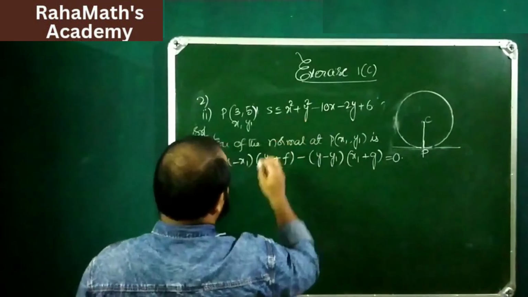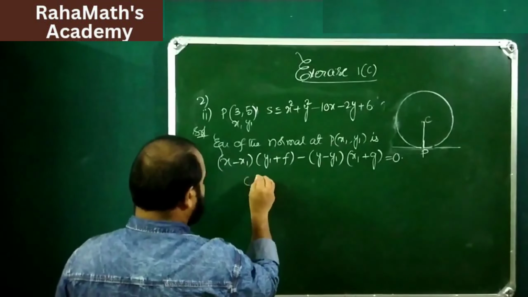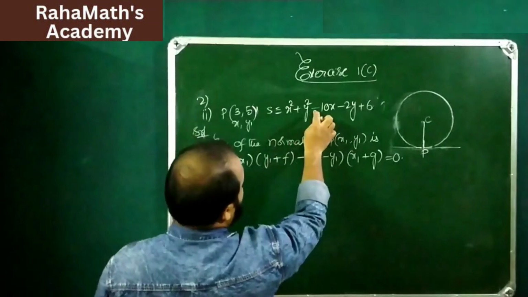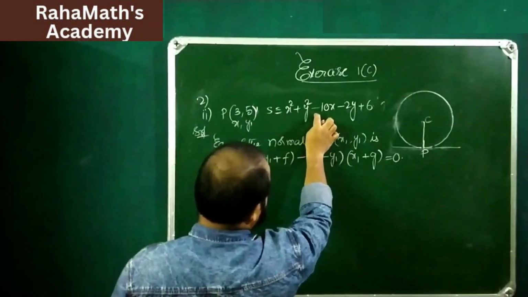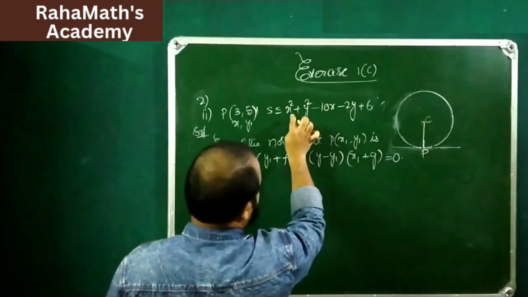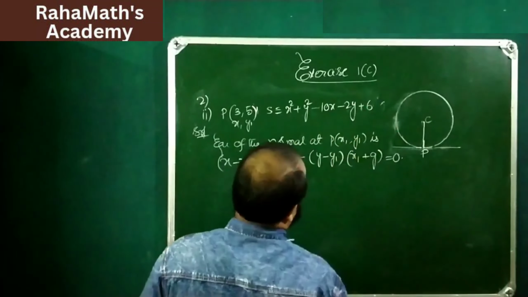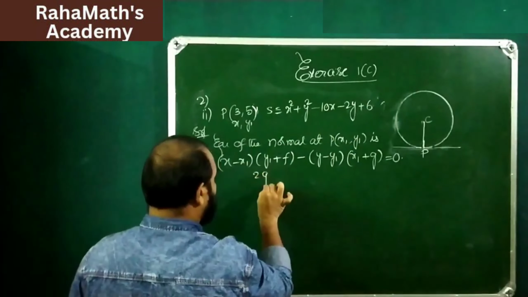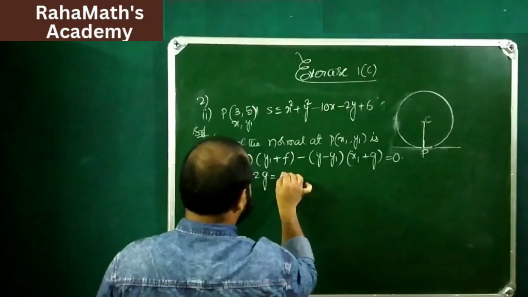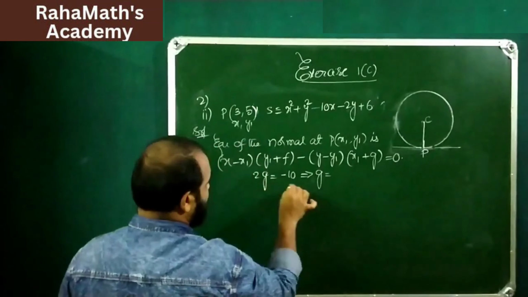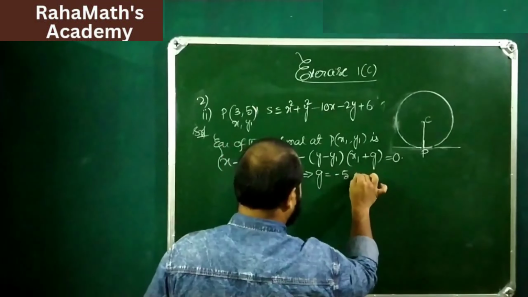So for this circle, what is minus g, minus f? Here, if we compare this with the general equation of the circle x square plus y square plus 2gx plus 2fy plus c equals 0, 2g equals minus 10 implies g equals minus 10 by 2, which is minus 5.